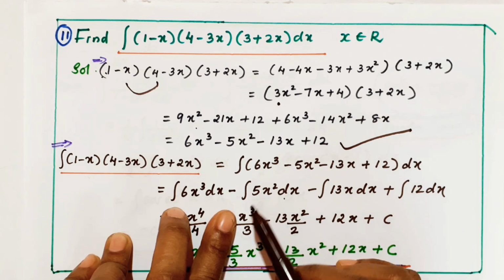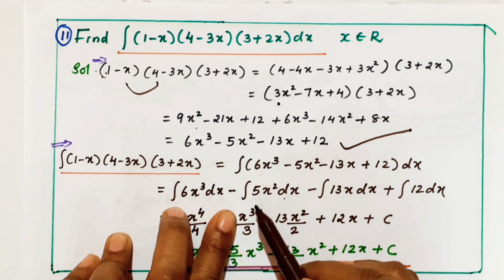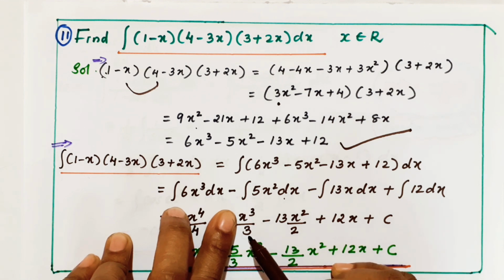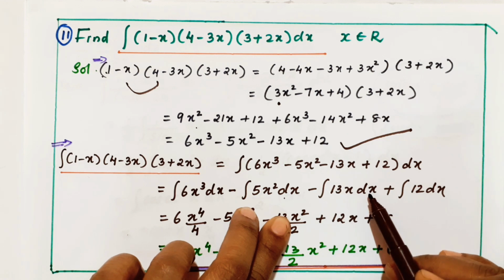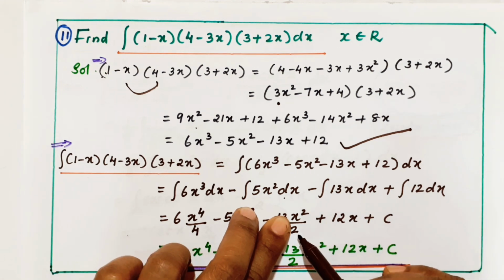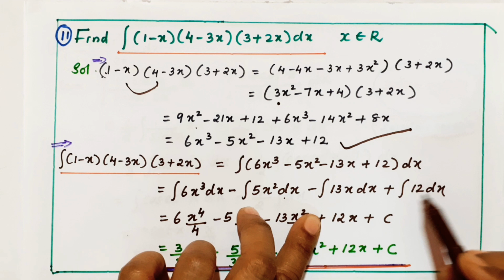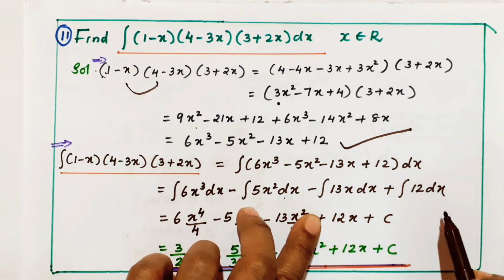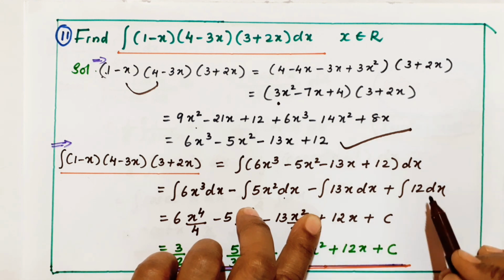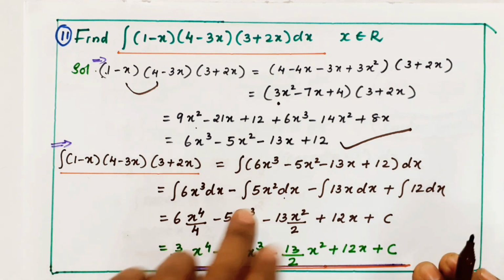Integral of x square dx is x cubed by 3. Minus 13 is constant. What is integral of x dx? X square by 2. Plus 12, integral of 12 dx is 12x, because integral of dx is x. So it is 12x plus c.